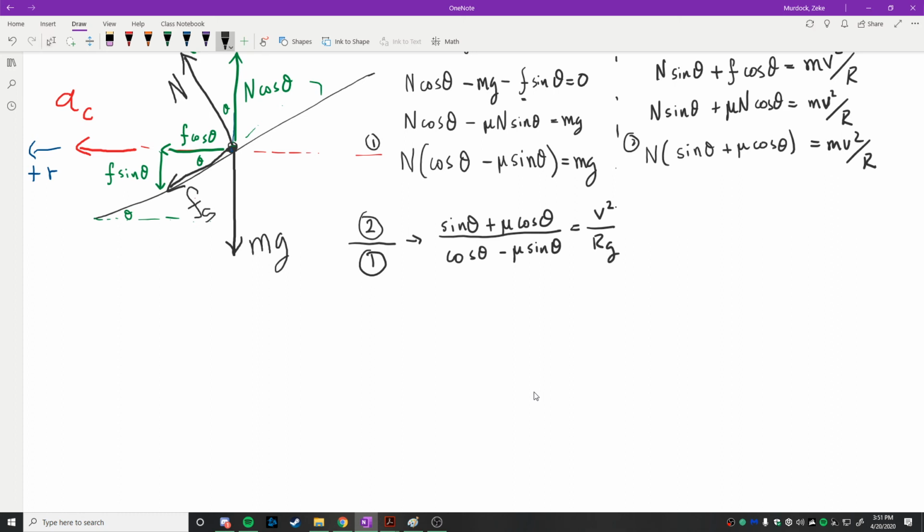Equation number 2 divided by equation 1, the normal forces will cancel out. And now we just need to isolate mu, which is kind of annoying, honestly, but we'll isolate it out of here. So we'll do that by multiplying this one to the right-hand side.